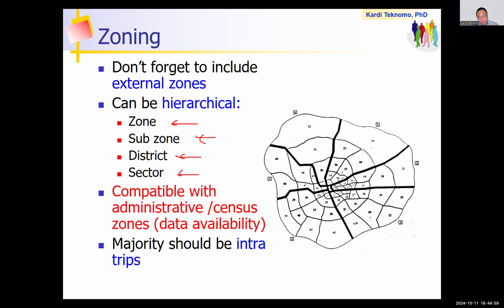Each barangay has certain census data based on economic, land use, and population. These are the three most important variables. Within the study area, everything should be intra trips. If there are through trips or inbound or outbound trips, something is wrong within your study area.